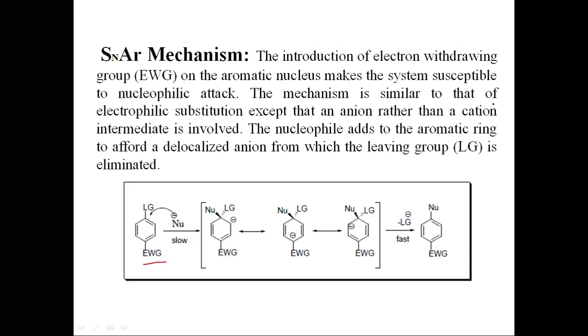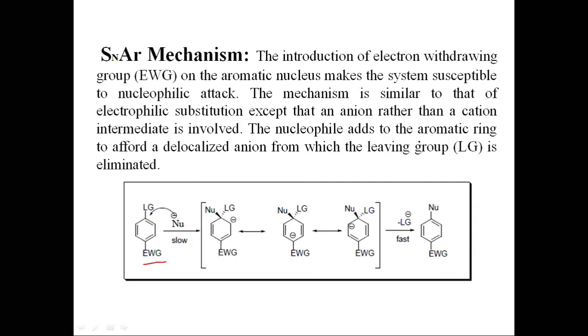The mechanism is similar to electrophilic substitution, except that an anion rather than a cation intermediate is involved. In electrophilic substitution, generally you get a cation-based resonance form, but in nucleophilic aromatic substitution, you get the negatively charged resonance form during the reaction.